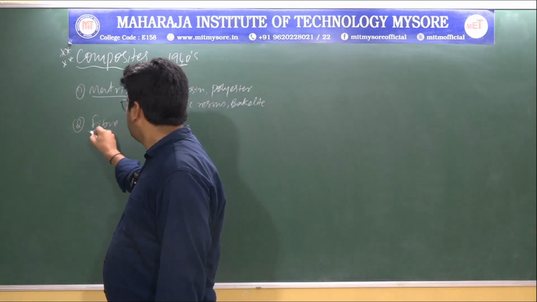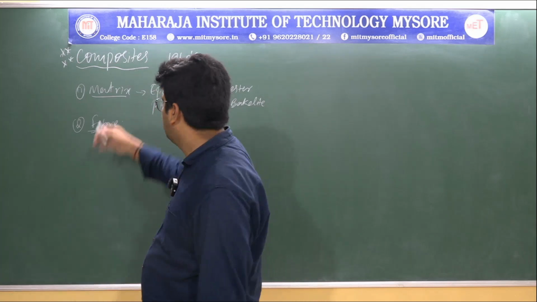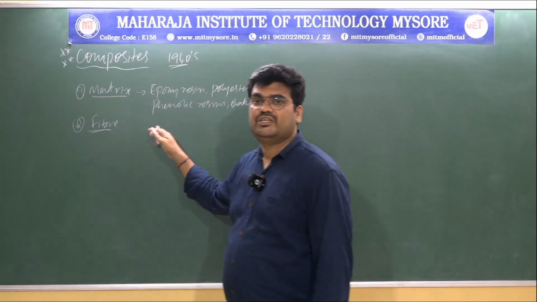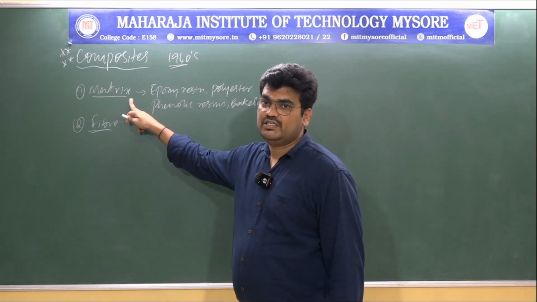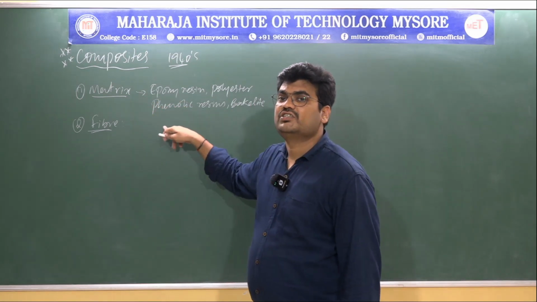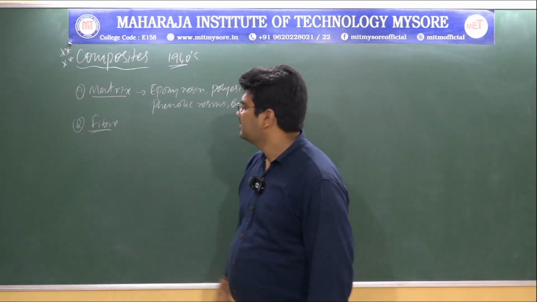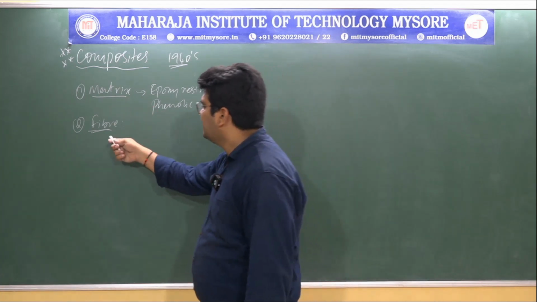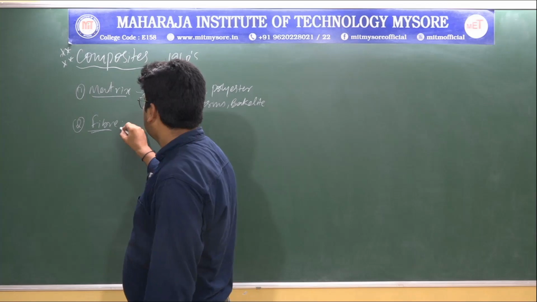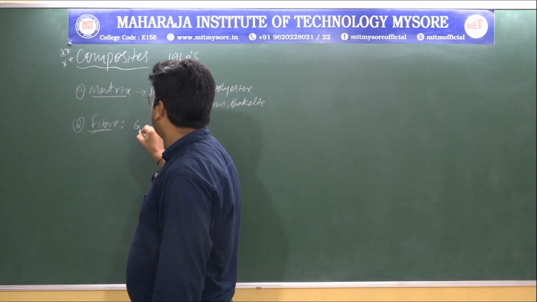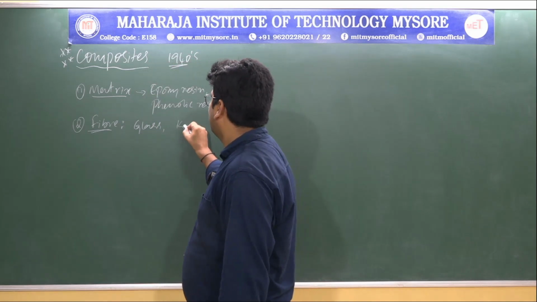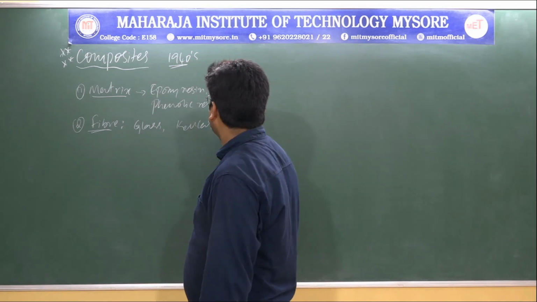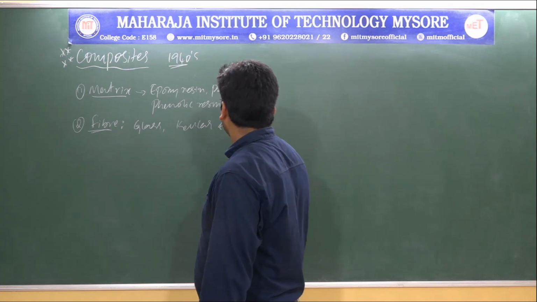So coming to the fiber, the second component in this composite, fiber is any fibrous material which gives network structure to this matrix. If you see the examples for these fibers, the most commonly used fiber is glass, and sometimes people use Kevlar fiber and carbon fiber.